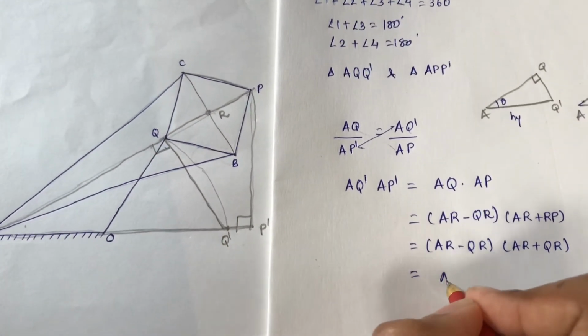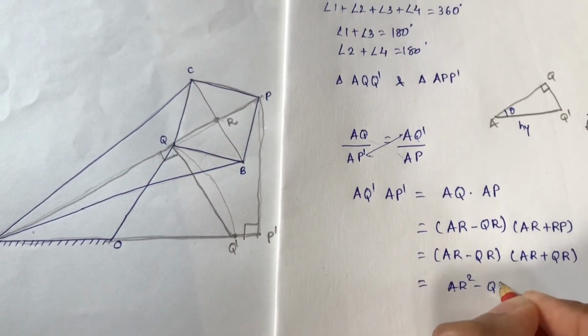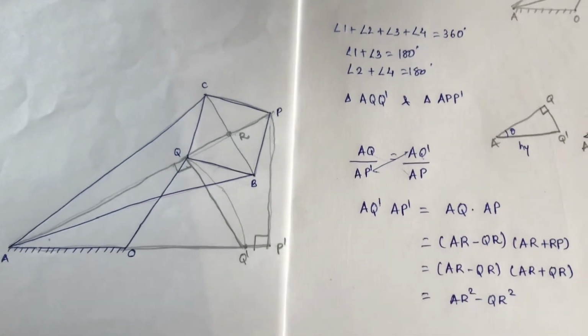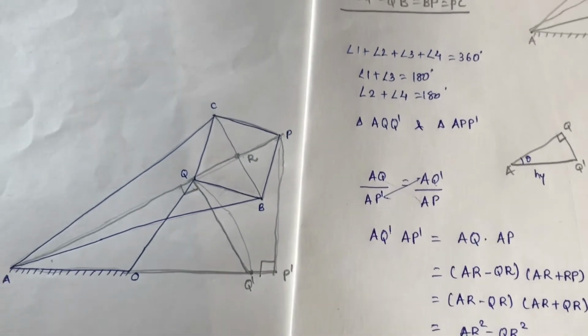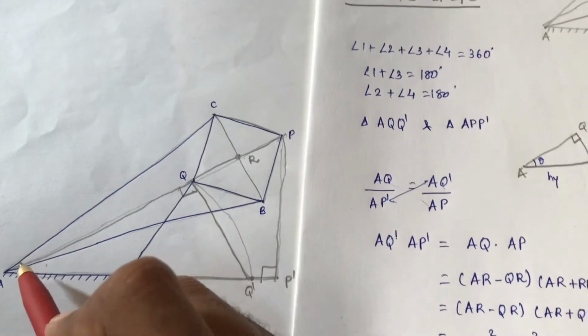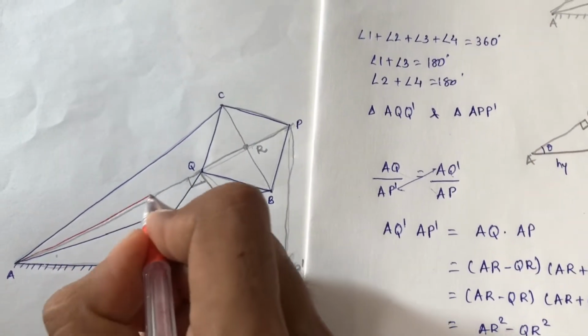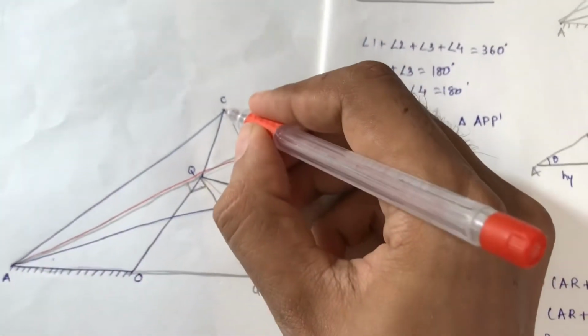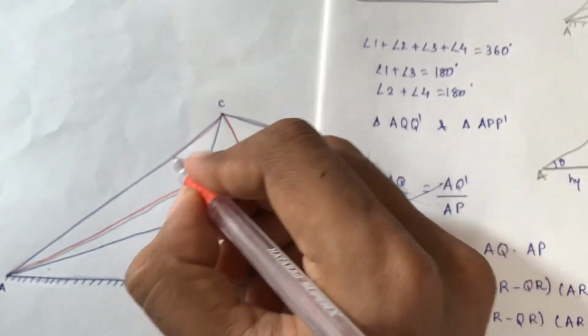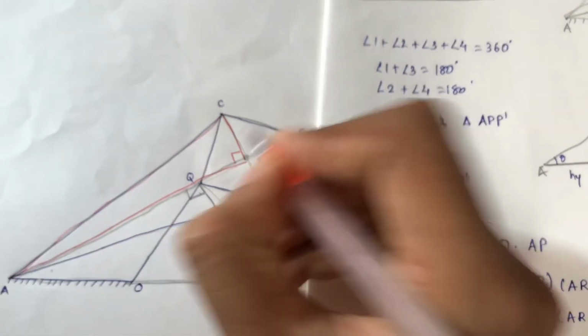So we can write AR square minus QR square according to Pythagoras theorem. Now what do you mean by AR from this diagram? In this diagram this one is AR. So it is one side of this right angle triangle.